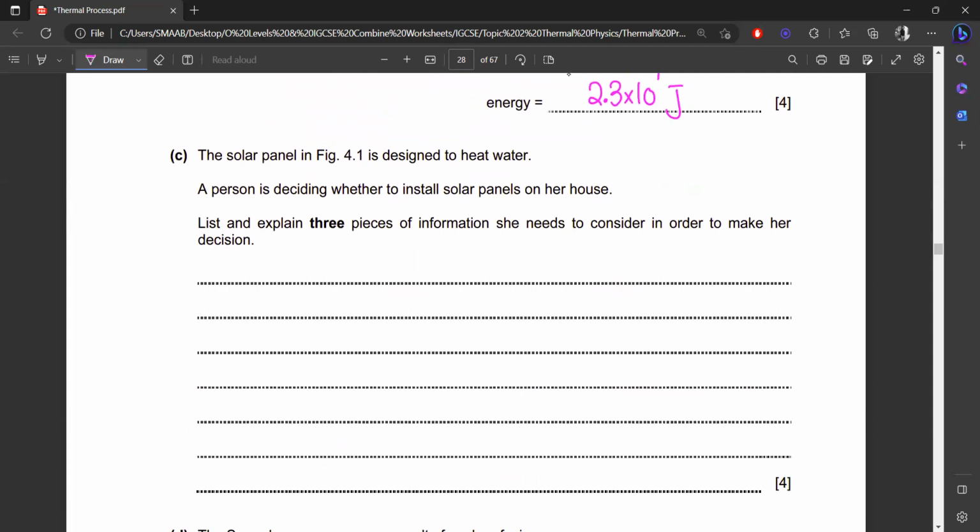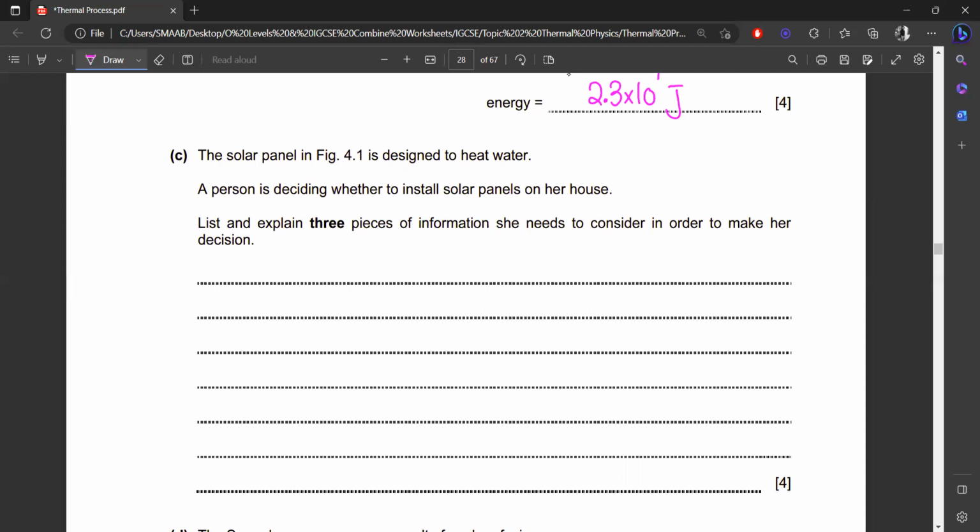And further, the solar panel in figure 4.1 is designed to heat water. A person is deciding whether to install a solar panel on her house. Okay, so let's suppose that we have to decide whether to install a solar panel on our house or not. So list and explain three pieces of information she needs to consider in order to make her decision.